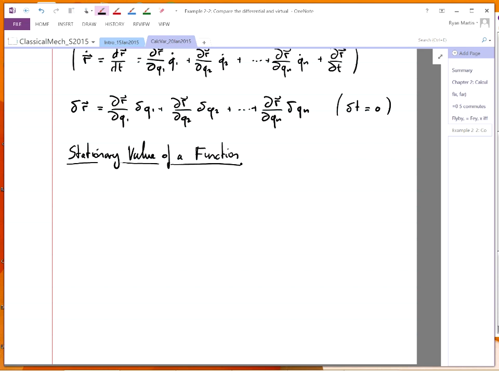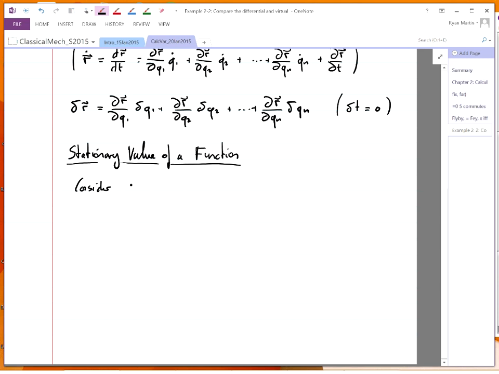So that basically means that the function is flat, and because the function is flat, you can find such a point if, when you're at that point, you move in all directions and the function doesn't change. Okay?